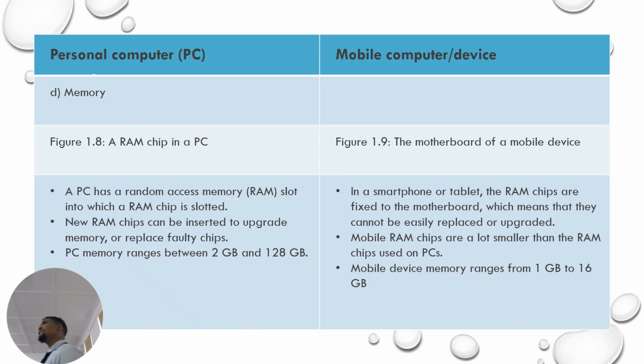On your cell phone, this RAM usually ranges from 1 gig to 16 gig, which is very fast if you were to utilize 16 gig. Mobile RAM chips are a lot smaller. In the smartphone, it is fixed on the motherboard. You cannot remove it.